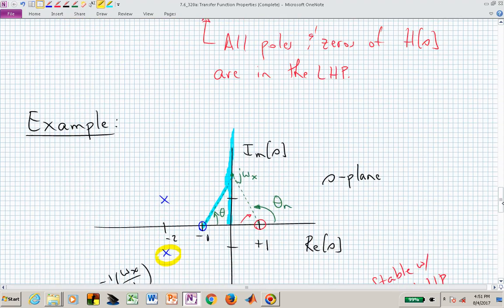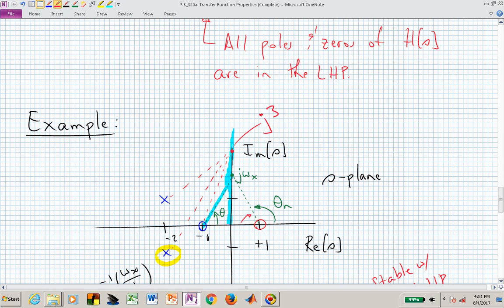Meaning, if we excited this system at, let's say, a frequency of 3 radians per second, we would want to find the contributions, magnitude and angle, of each of these factors at that frequency.